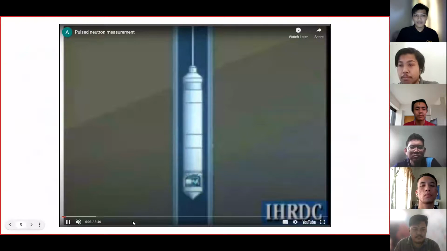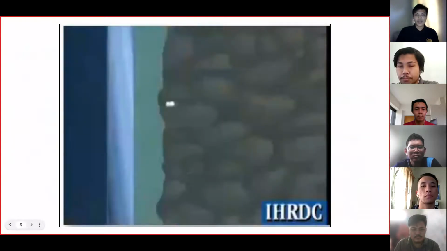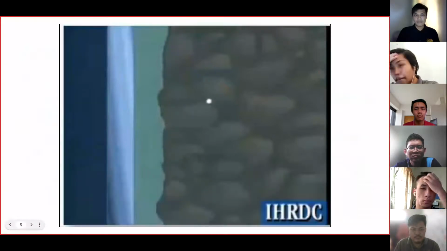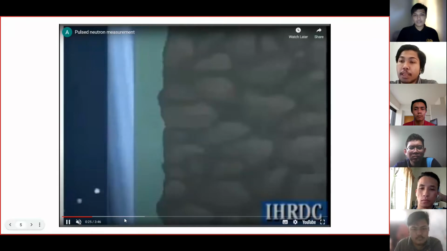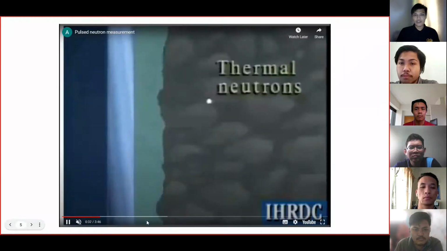As we can see, first the neutron will be emitted and passed through the casings and go through the formations. As the neutron goes through the formations, it will go through the porous media and be bounced until it reaches the state of thermal neutron, as I explained before.